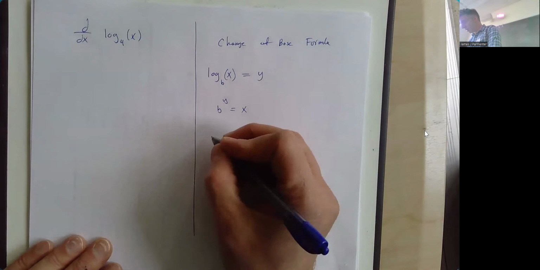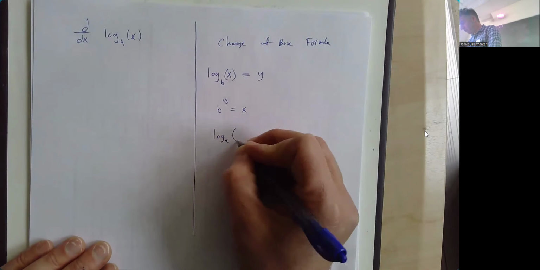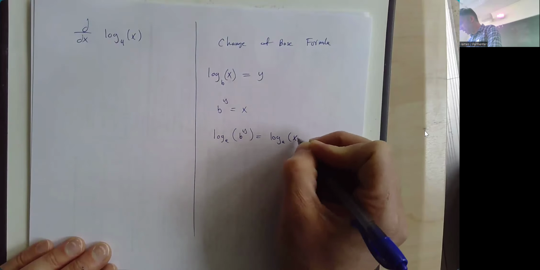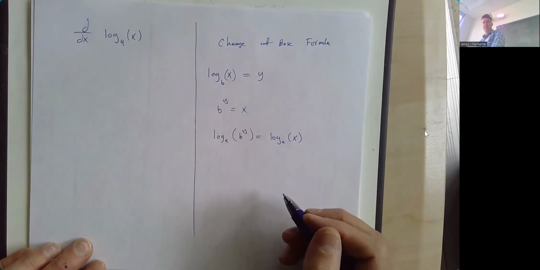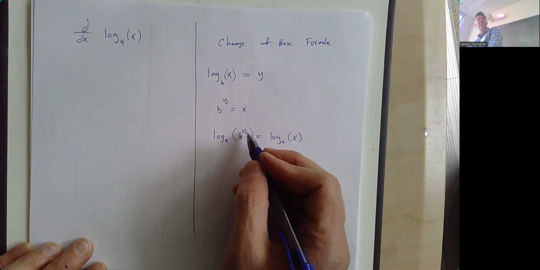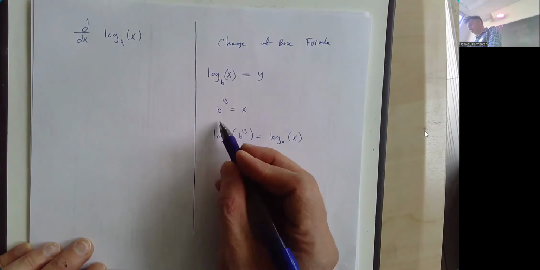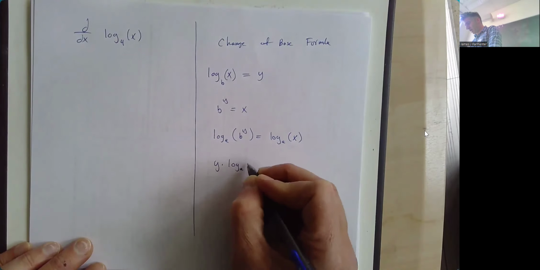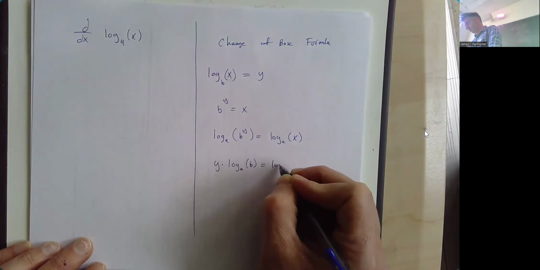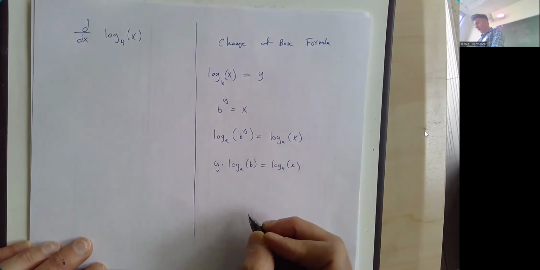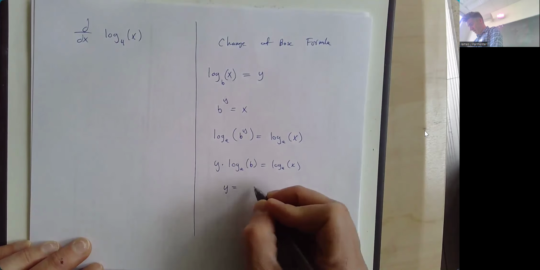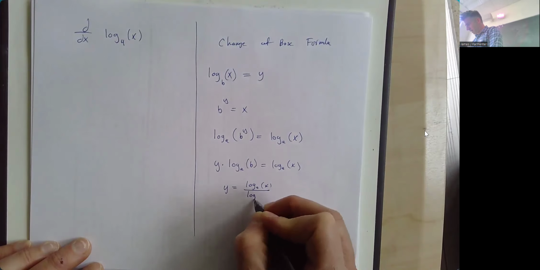If I take the log base a of both sides, I get log base a of b to the y equal to log base a of x. Then I can use the power rule, bring that y down in front, and say y times log base a of b is equal to log base a of x. And then finally, dividing by log base a of b, I get y equal to the log base a of x over the log base a of b.